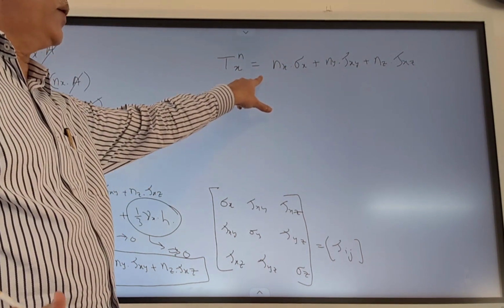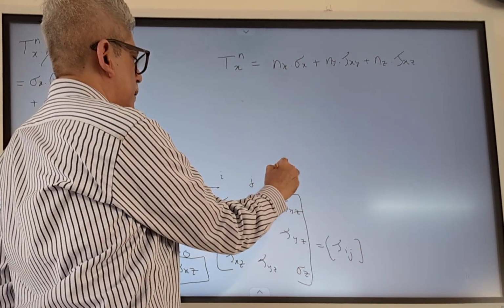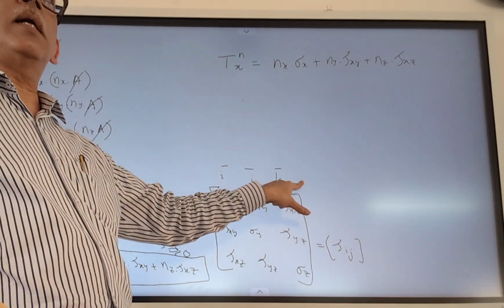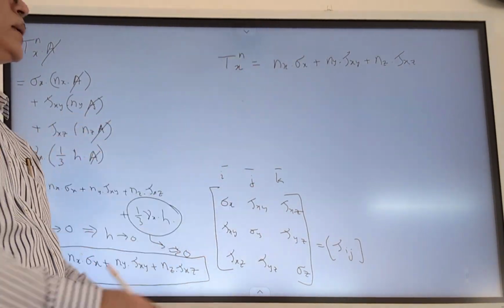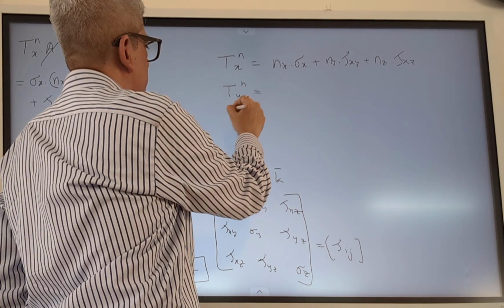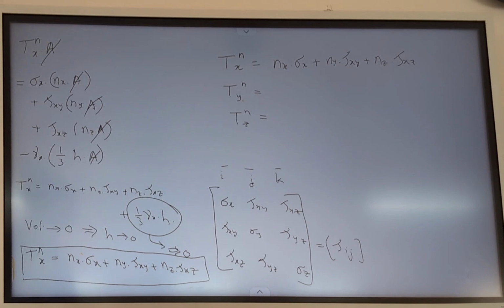In the first equation you find some relation. So this is x direction, this is y direction, this is z direction, nx direction, ny direction, nz direction. If you look at this equation, you find some pattern there. Looking at this pattern, you should be able to tell me the remaining two equations. So just guess what the other two equations could be.